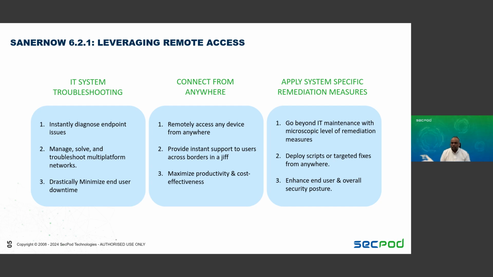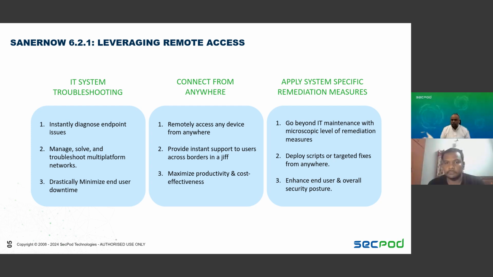So at a very broad level, troubleshooting helps you to connect from anywhere, and also helps you to take certain remediation measures to improve the security posture on a specific machine where you want to carry out much more involved steps. So these are the broader use cases.